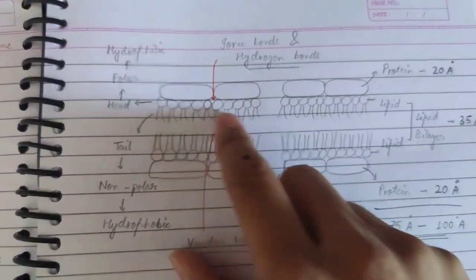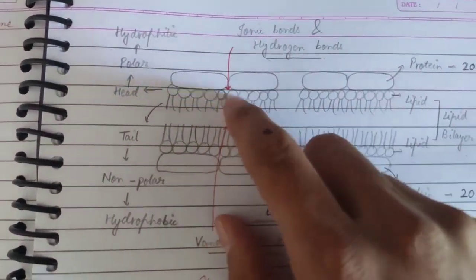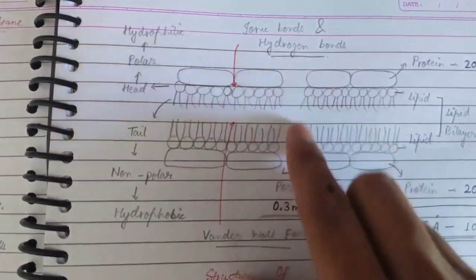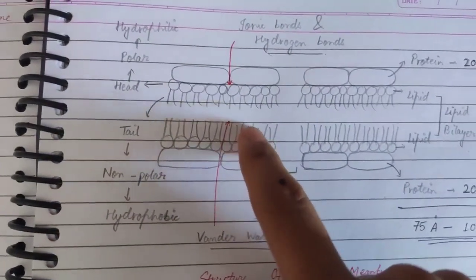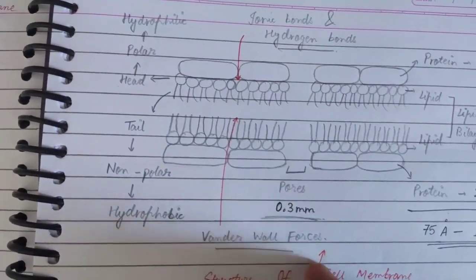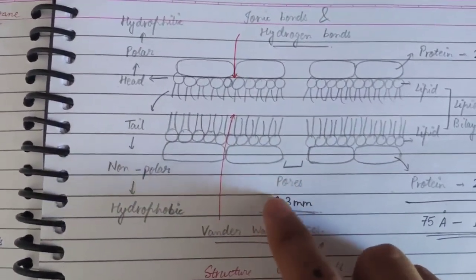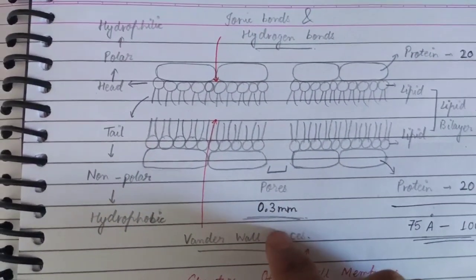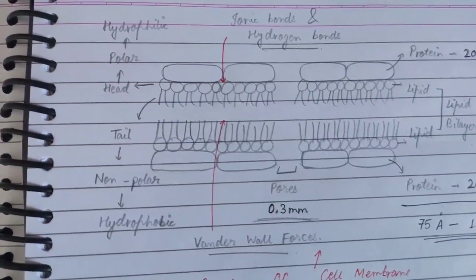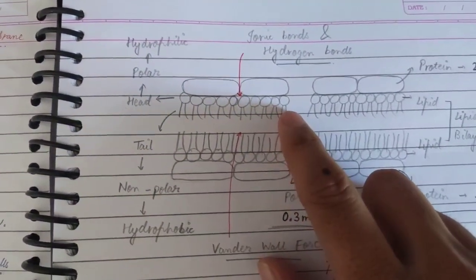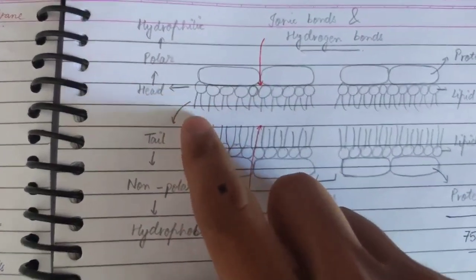Now there are some bonds also present between them, which are ionic bonds and hydrogen bonds, and between lipid layers van der Waals forces are also there, and between proteins there are pores, which are 0.3 millimeter wide. Okay. Now this lipid also has 2 parts, head part and tail part.